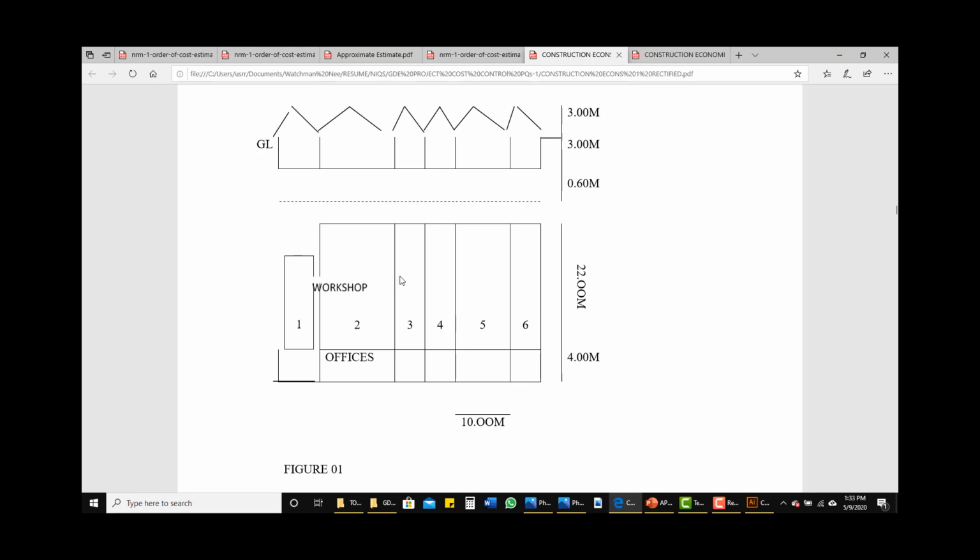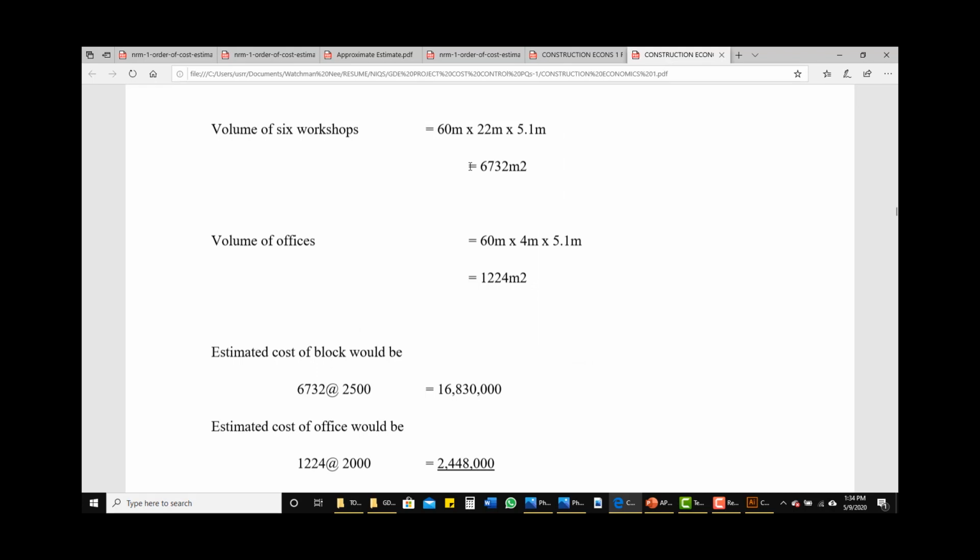In calculating our height, there are rules that guide it. If it's a pitched roof, like what we have here, you measure from the top of your concrete foundation, which is this dotted line, up to halfway up the pitched roof. That is, the height of the building will be 0.6 plus the height of the building, which is 3 meters, then plus 1.5, which is half of the height of the pitched roof.